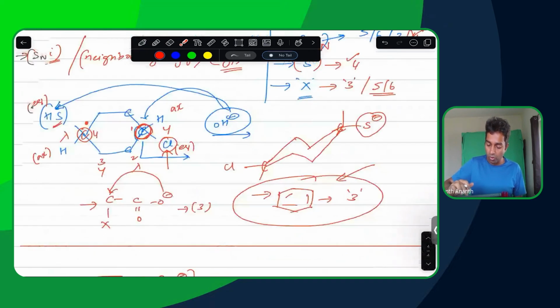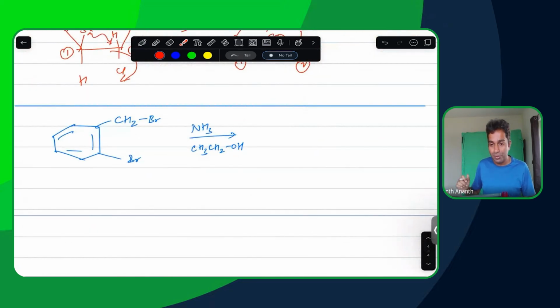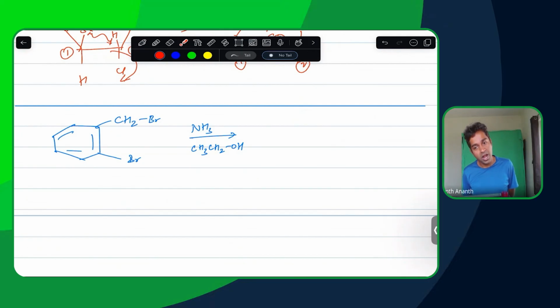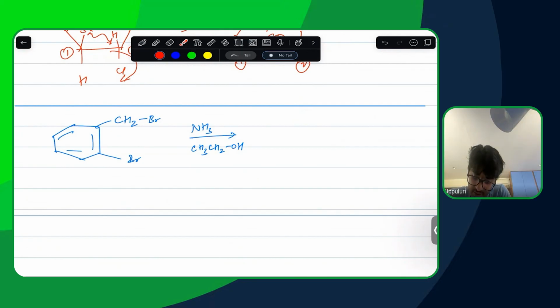Now you tell me which among the two is more preferred. Whichever way you look at it, the nitrogen is better, right? So there's a slight, minor chance of the other attacking it, but why would you care about that as a possibility?